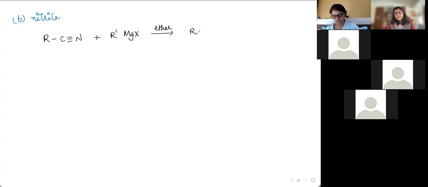So you get imines there, you got an imine because hydrogen was added here. In this case, R dash is going to be added here. So you get C double bond N MgBr or MgX, whatever you've taken here. And R dash is added here. And this on acidic hydrolysis again.